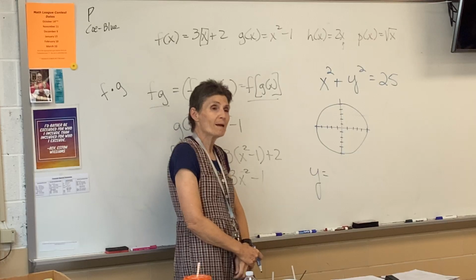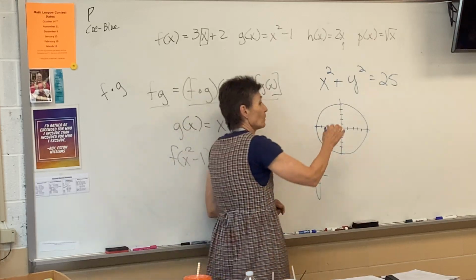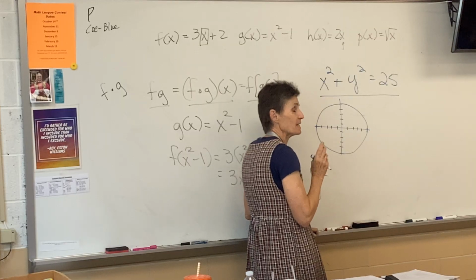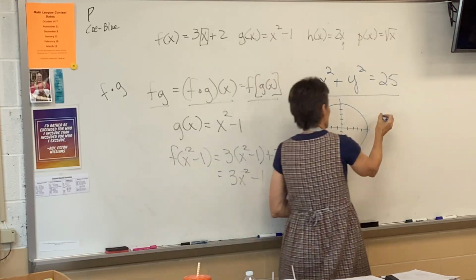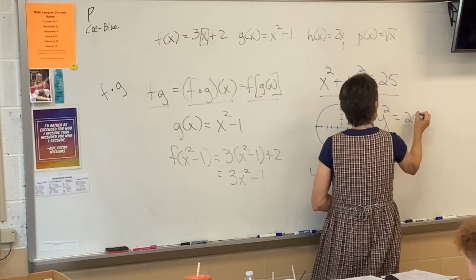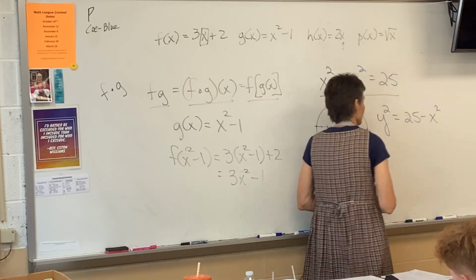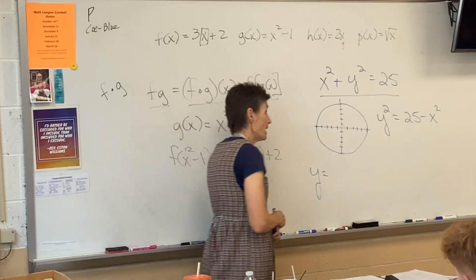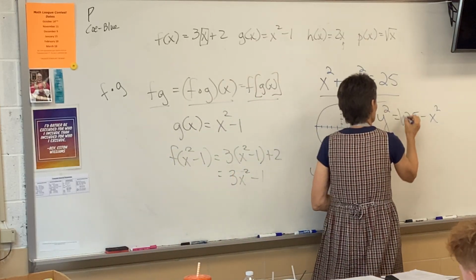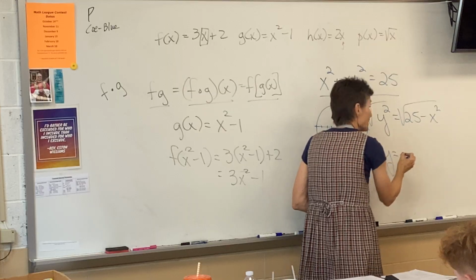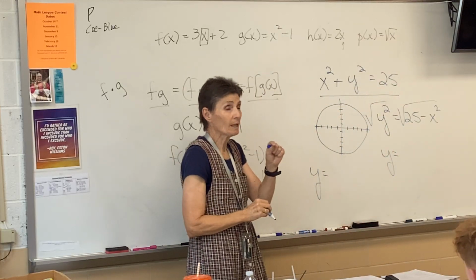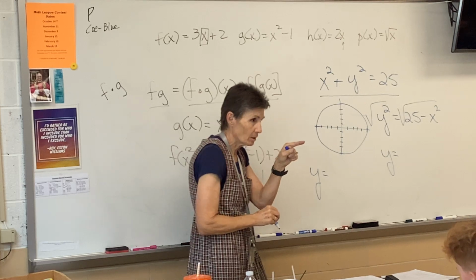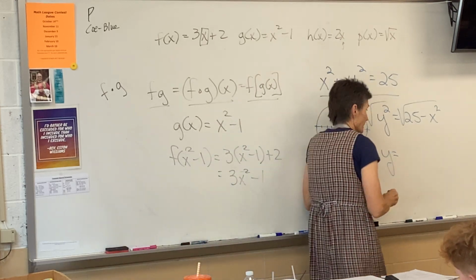So in order to make our calculator graph this, you're going to find the implied functions, what are called the implicit functions. So I want you to go ahead and move that x squared over. And then I'm going to have you square root, because if I do that, now I will have y equals, but be careful, y equals what?